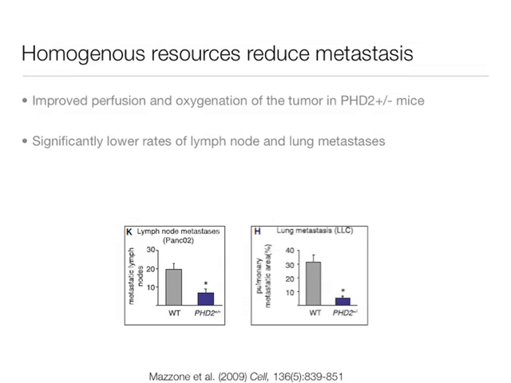And it turns out that in the mice that have the more normal distribution of resources, because their vessels are normalized, there's improved perfusion and oxygenation of the tumor and significantly lower rates of metastases in the lung and in the lymph nodes.